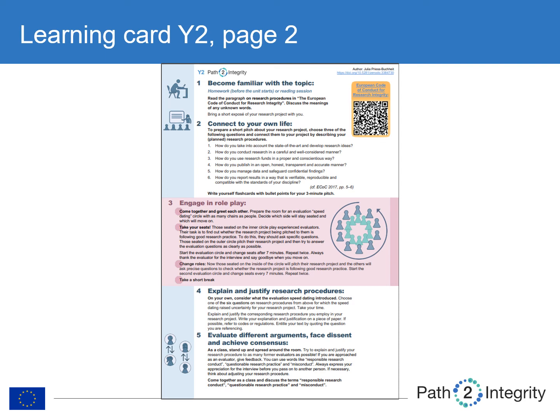In the third step, each of the Path to Integrity learning cards uses a dialogical method to provide an active and sustainable learning environment. The sections marked in pink on the learning cards indicate that students will engage in either storytelling, role-playing, or coming to an agreement.